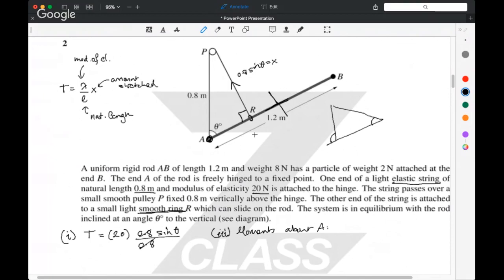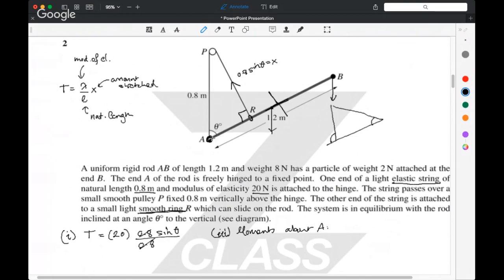So what forces do we have acting? Well, we have this thing here acting that far away. We also have the weight of the rod, and we have the weight of the particle. So we could faff around here with working out the center of mass of the rod-particle system and doing it from there, but actually you can just do them individually.